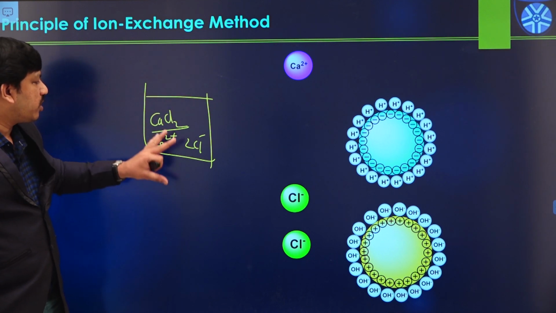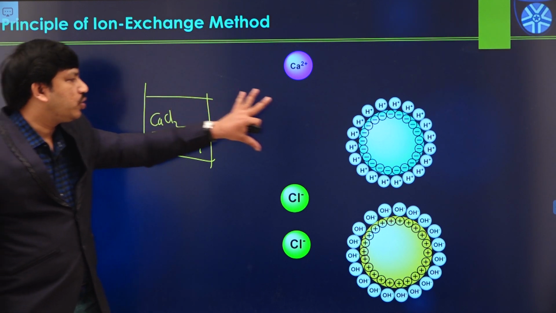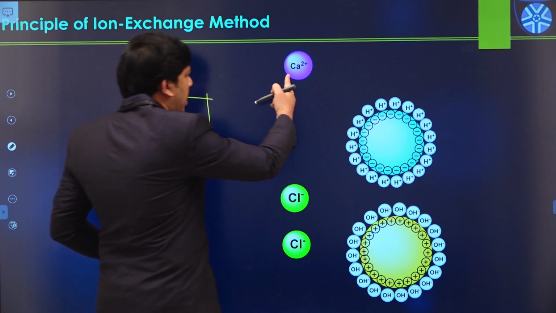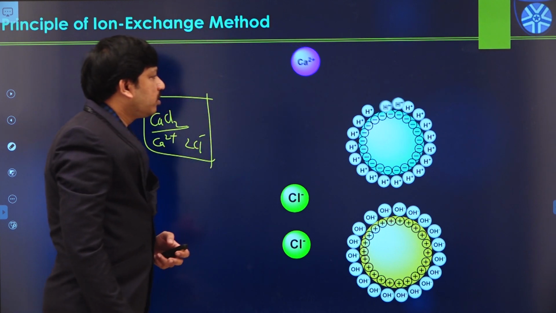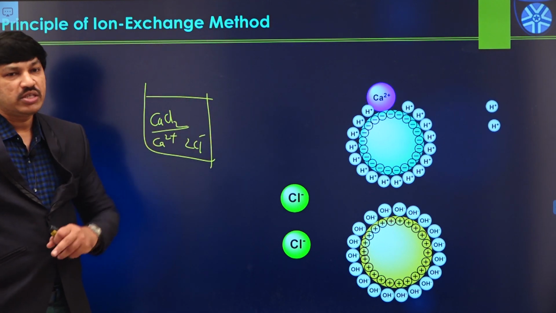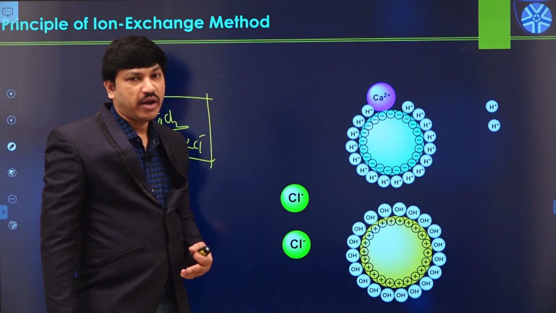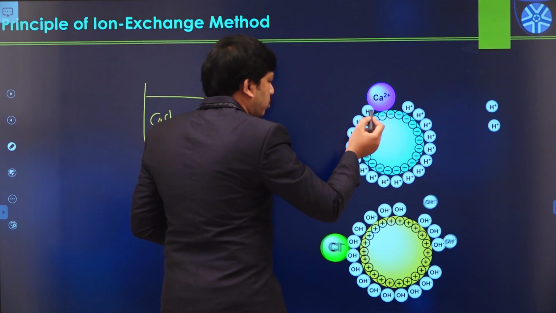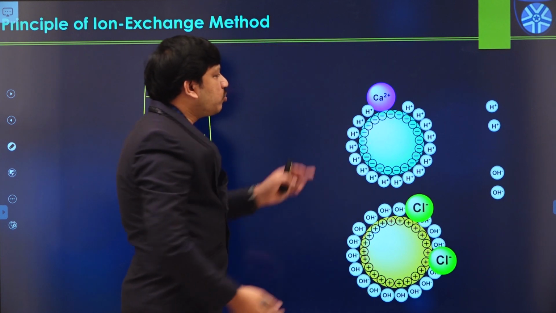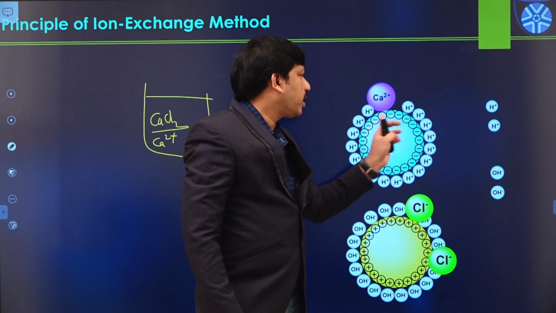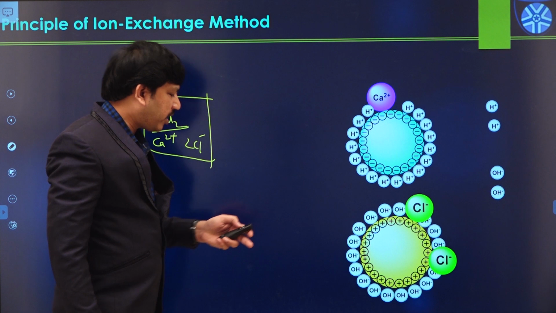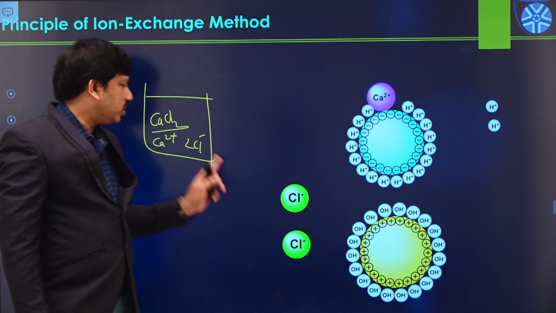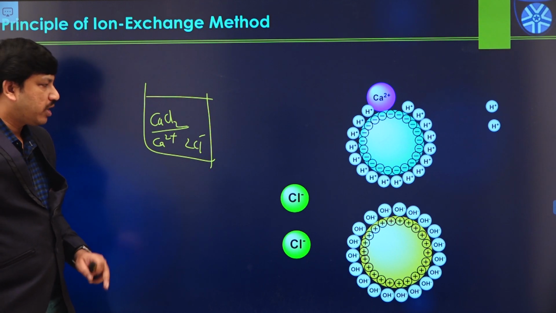Now, first we send this water towards the cation exchange resin. Then the calcium replaces some protons in this manner. There is an exchange of cations. Initially we have two protons here, and the two protons are replaced by calcium 2+. Similarly, the water sample contains two Cl minus also.